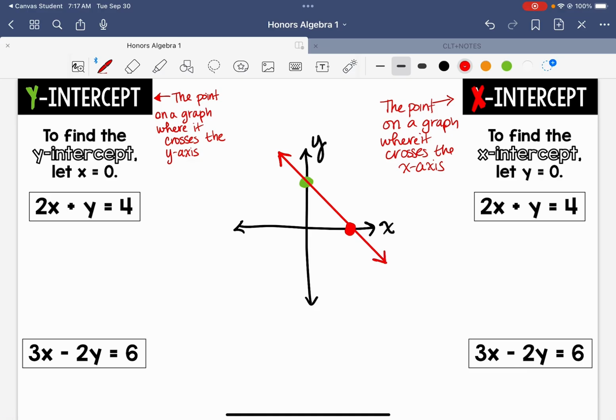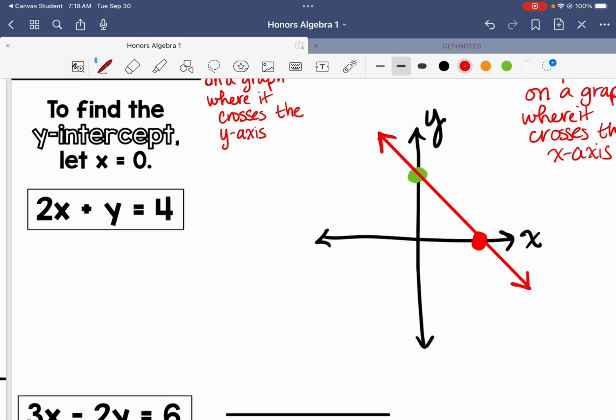That's all I need to make a line, and that would tell me where all the solutions to that equation are. So I've drawn a picture of all the solutions. If I can just find these 2 points, then it's easy to graph the line. That's the whole reason behind these.